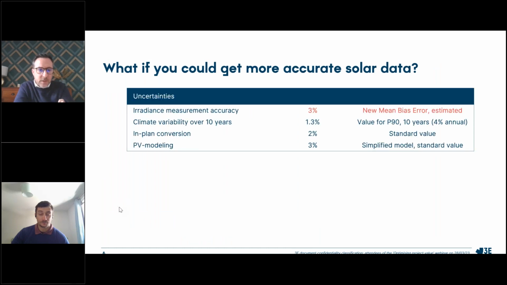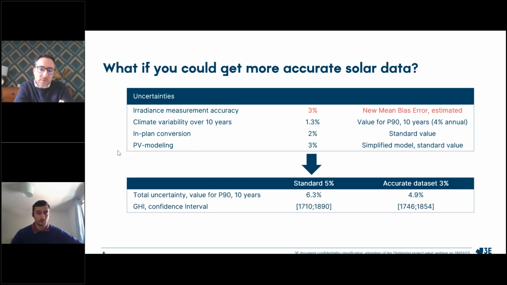Yeah, thank you, David. So if you now take back the tables that you have presented to you in the past, the only variable that can be improved is the accuracy of the solar data, meaning you use solar data which is more accurate. In that case, you are more confident with it, and you can decrease the uncertainty on this variable.